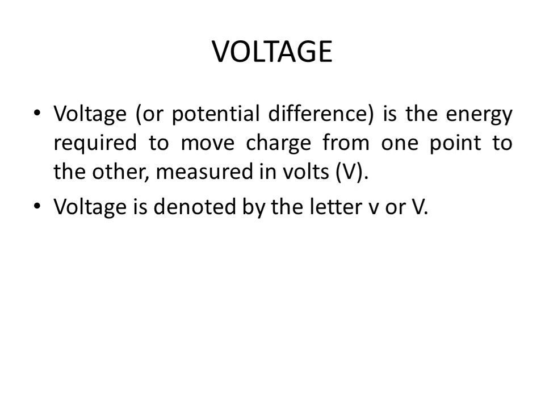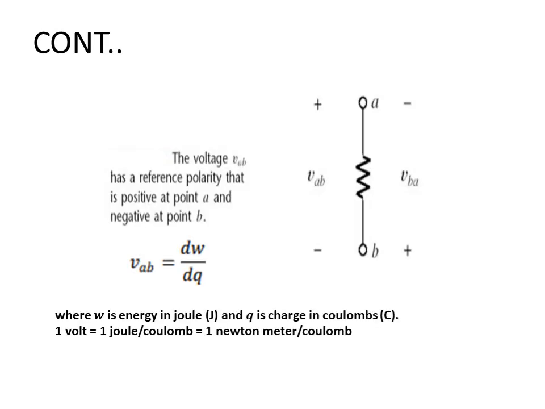If work is done in order to move charge from point A to point B, we call the work per unit charge the voltage. Thus the unit of voltage is the volt, simply denoted by the letter V or capital V. And voltage is also called a potential difference.